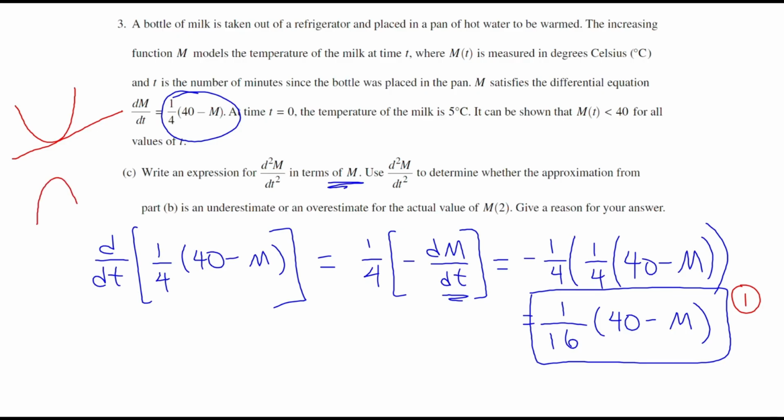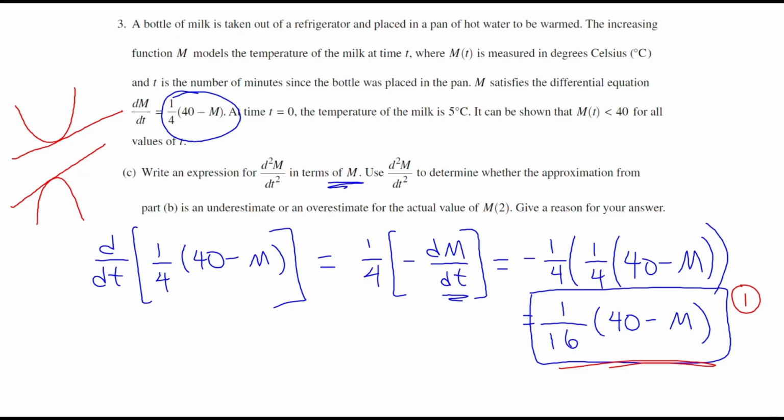And if we have a function that's concave down, then the tangent line is going to be above. It's going to be an overestimate. So all we need to do is determine if the function is concave up or concave down. Well, that entirely relies on the second derivative. So we'll just plug in our value for m that we have here.